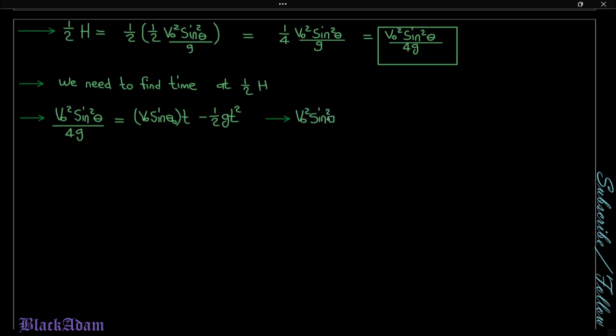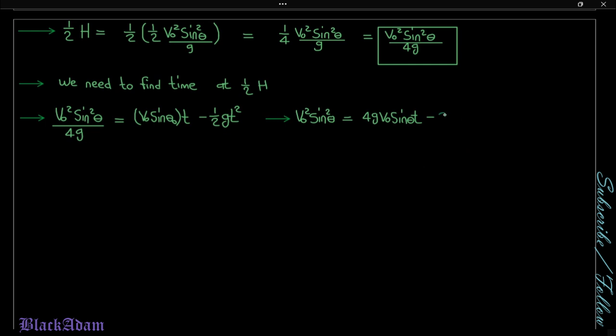So we have v initial squared sine squared theta is equals to 4g. So multiply both sides by 4g to get 4g v initial sine theta multiplied by time.